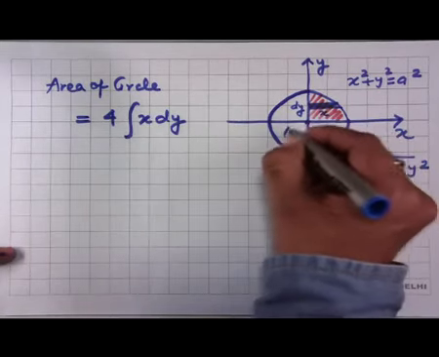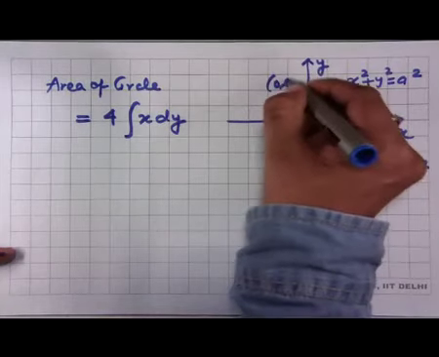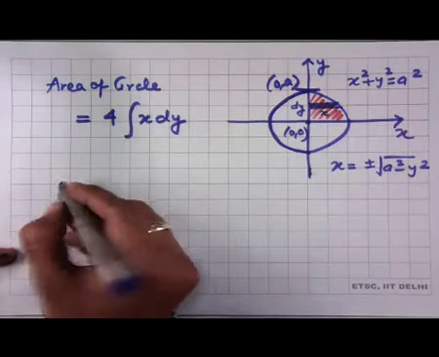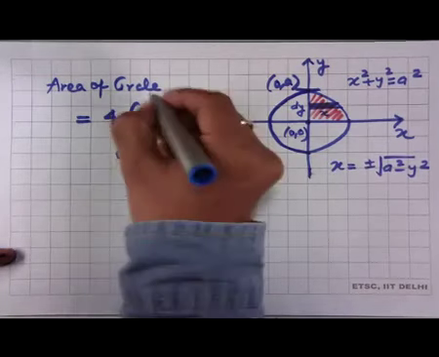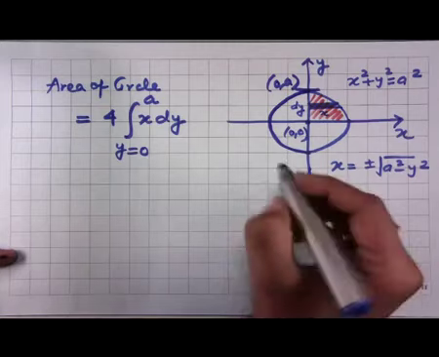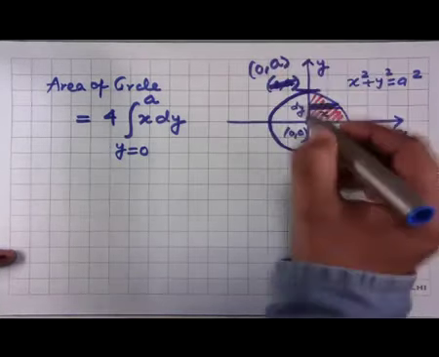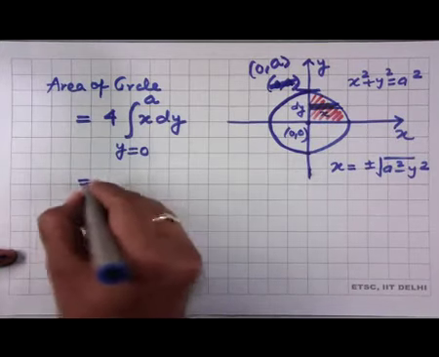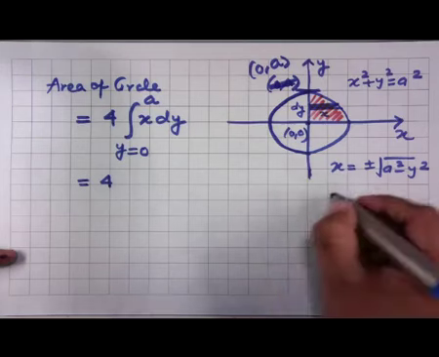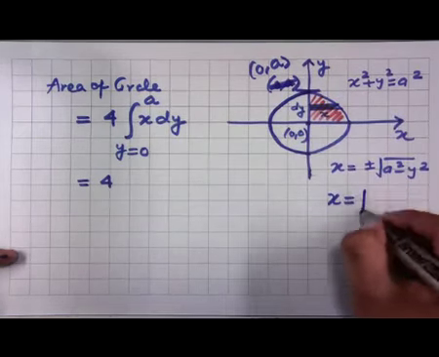This point is 0, 0 and this point is 0, a. So y goes from 0 to a, and the value of x will be taken positive because you are on the positive side.